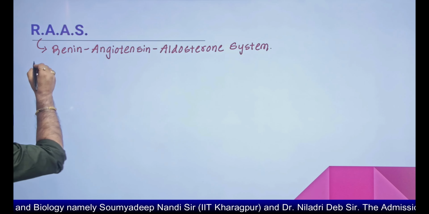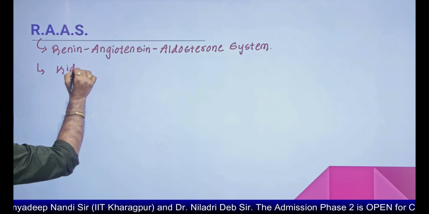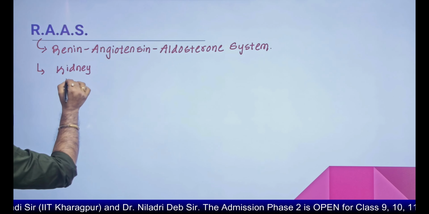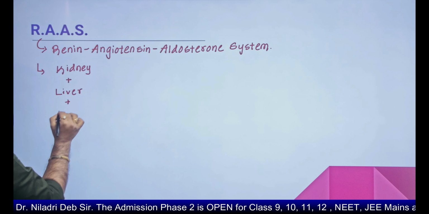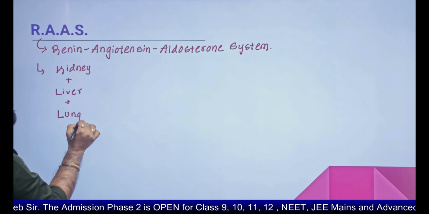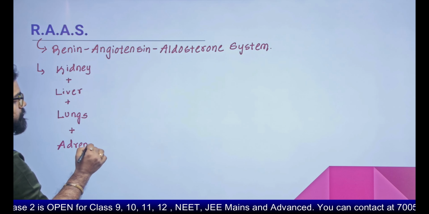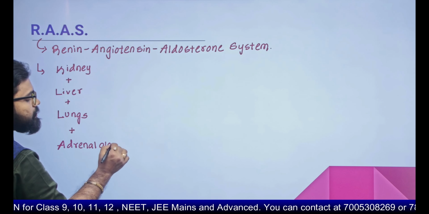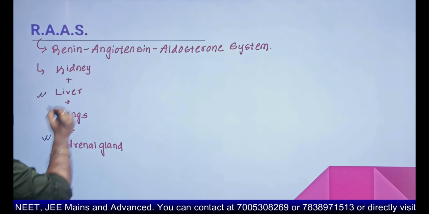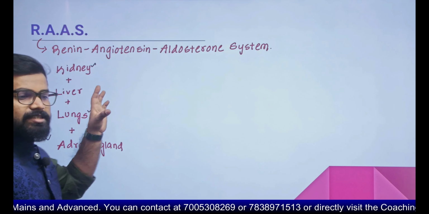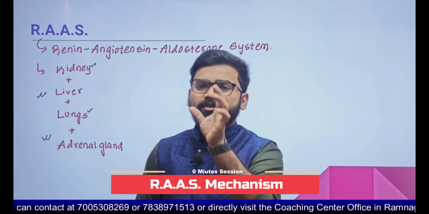This system includes kidney, it includes liver, it includes lungs and the adrenal gland. That is, here you find two glands and two organs. All this collectively constitute the RAAS, that is the renin angiotensin aldosterone system.